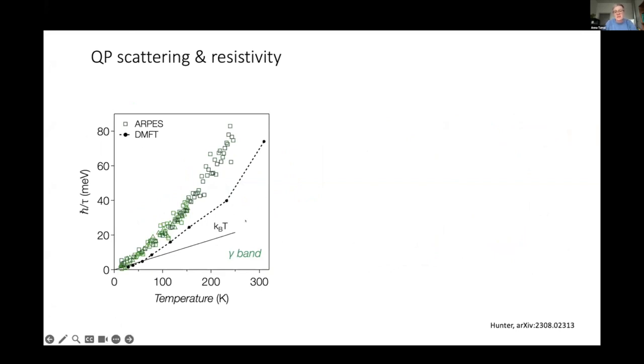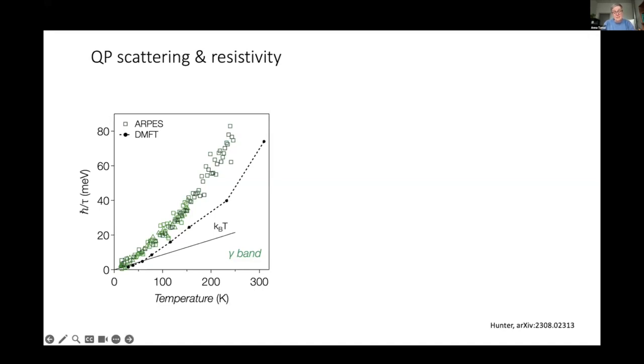So we extracted the quasi-particle lifetime. This is for the gamma band as a function of temperature, and we see that this increases very fast with temperature. So these quasi-particles don't die by losing spectral weight, but by becoming so broad that they kind of disappear into the background.